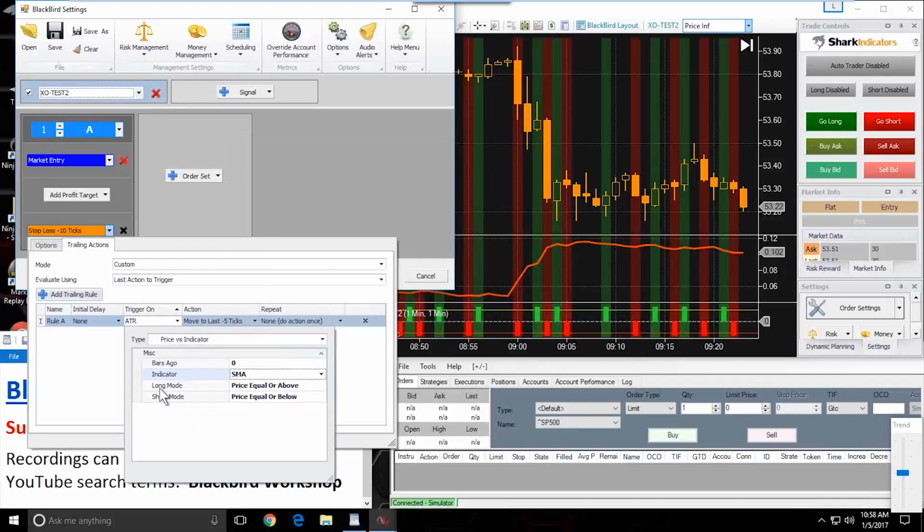So let's set these up as opposites. Let's say you're in a long trade, but then price goes below the SMA 14. That could be a trigger event as well.